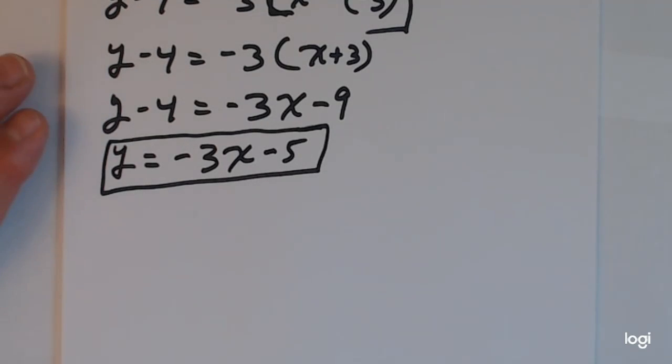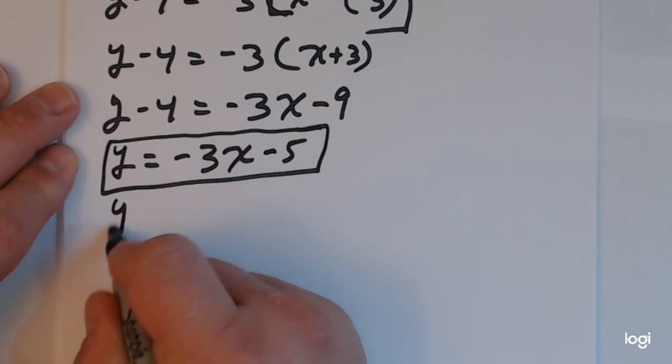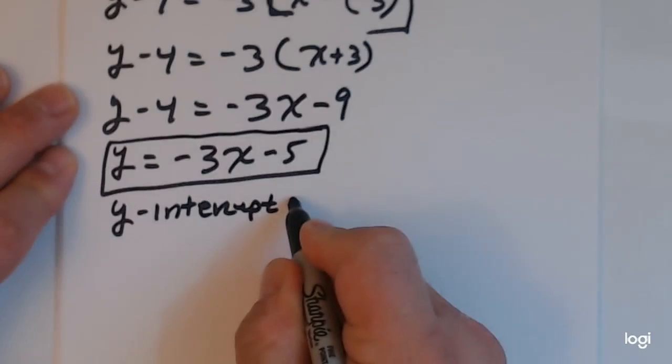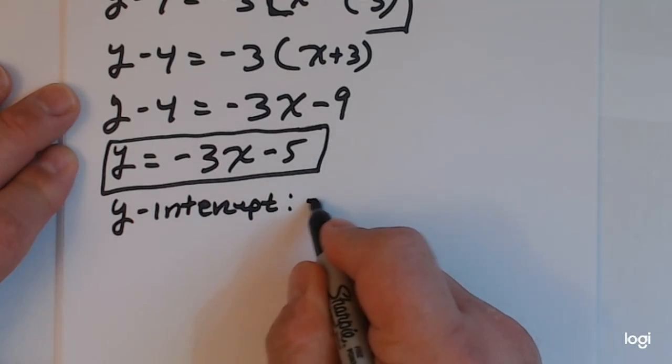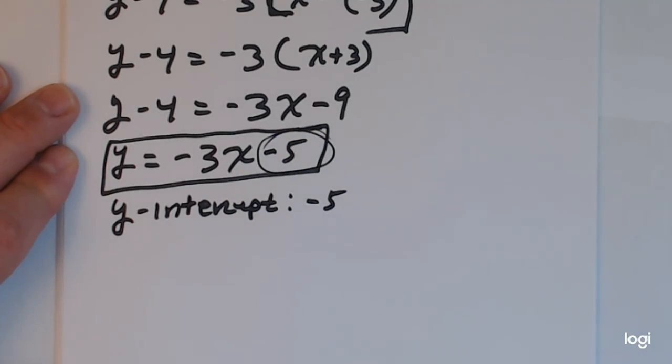Now let's take a look at the graph of this thing, okay? First, the y-intercept is negative 5, right? That's this value right here. Now let's set this equation equal to 0 and solve for x.